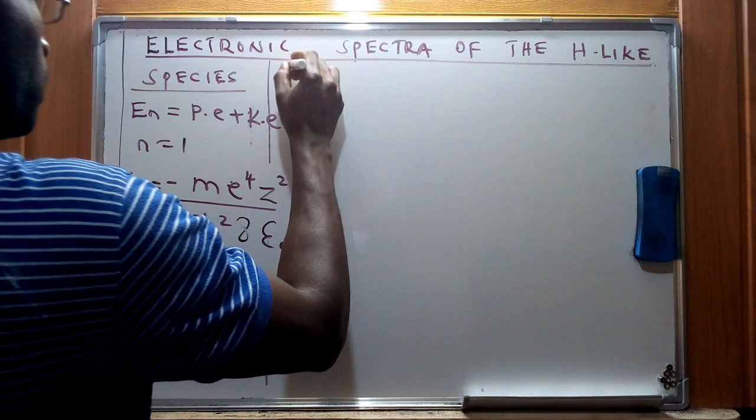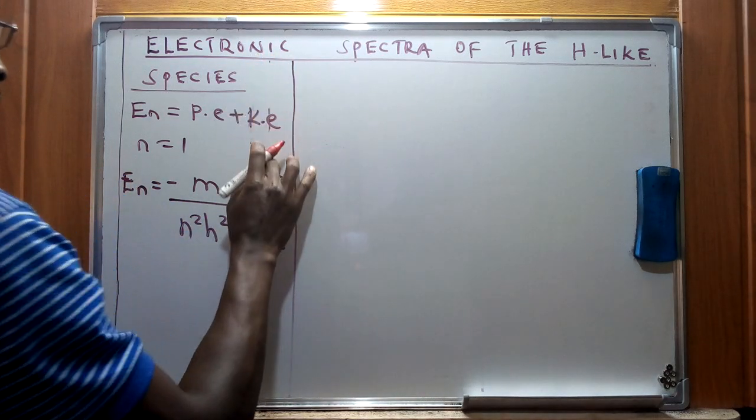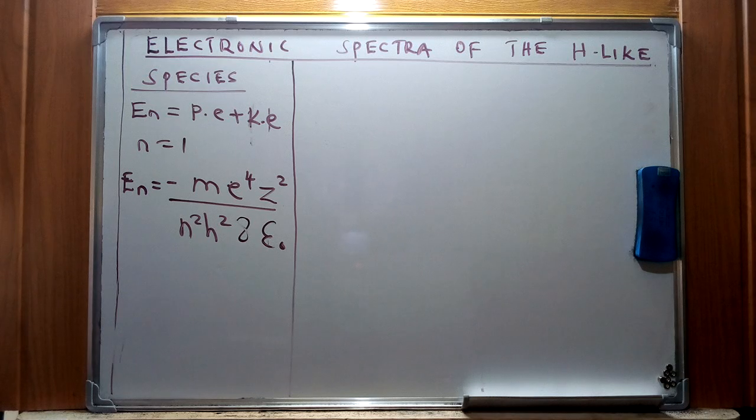So this is the general formula we gave for describing the energy of this hydrogen-like model in our first discussion. From this we can expand it further in order to describe how the electronic spectra of hydrogen-like atoms can be described. From the relationship that we developed in our second discussion, we can describe the frequency of these spectral lines of a hydrogen-like species.